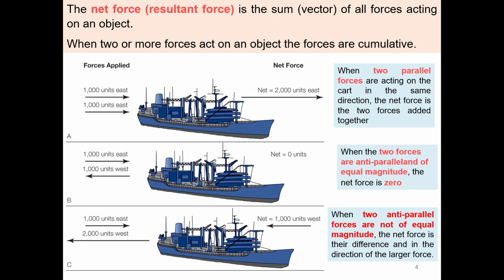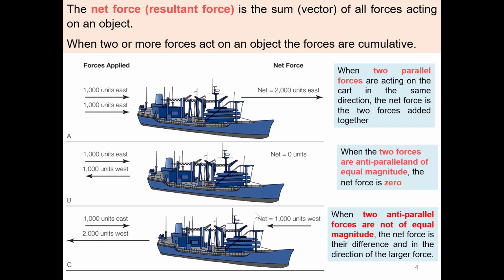Because force is a vector, we need to add forces the way we add vectors. Remember, when we had parallel or anti-parallel vectors, we can add them as if they were algebraic expressions.